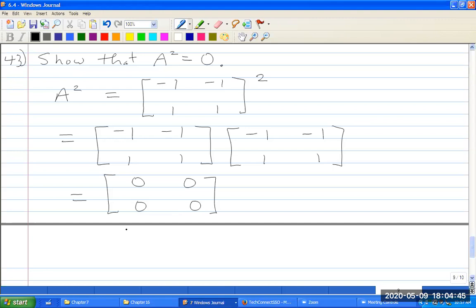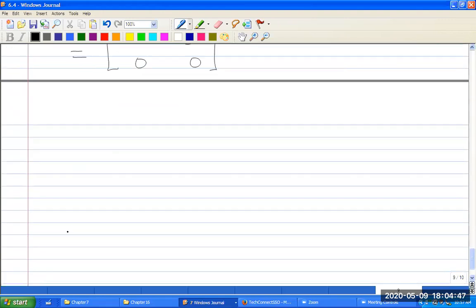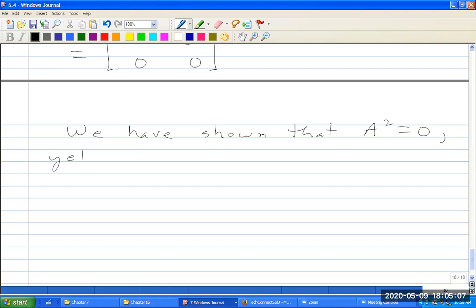So what we have shown is that A squared is 0, yet A is not 0. So I've squared a non-zero number and got 0.